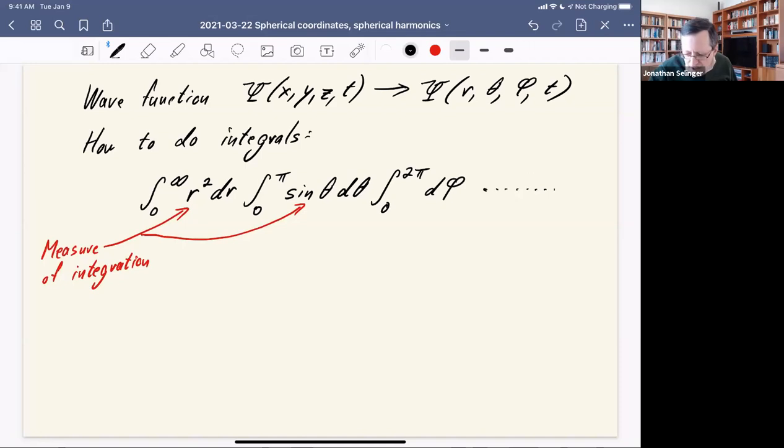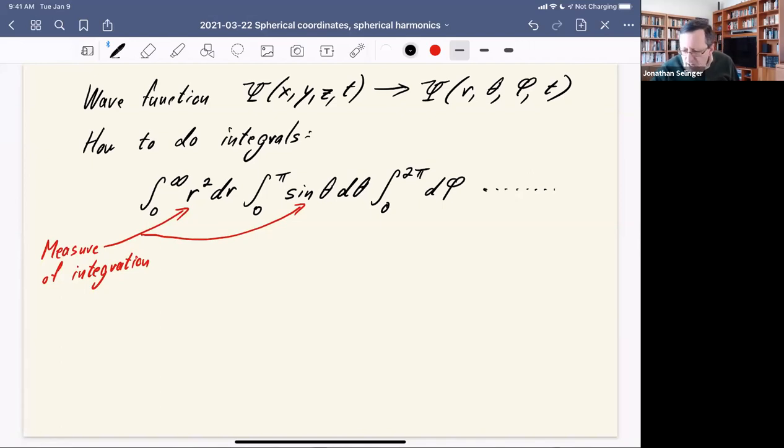Okay, so whatever we are going to integrate, symbolized by all these dots, we have to integrate it in this way. That is, we integrate over those 3 variables, r, theta, and phi, with the factor of r squared sine theta as the measure of integration.